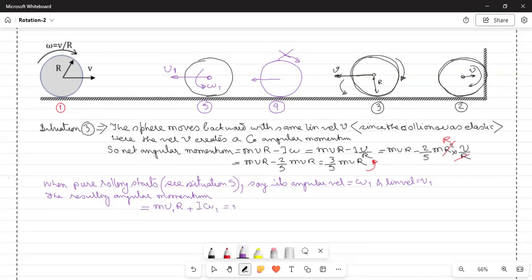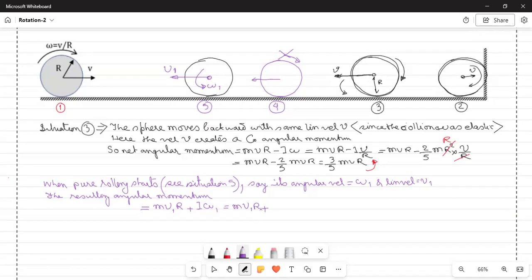It is plus because both are helping each other: both angular momentum due to rotation and angular momentum due to translation motion are helping each other.